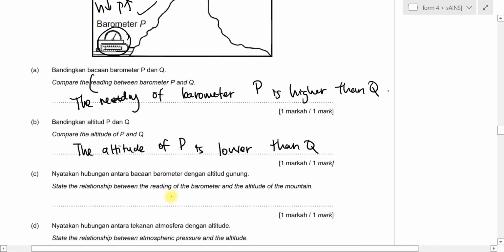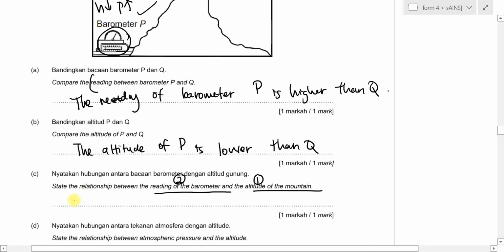State the relationship between the reading of the barometer and the altitude. Careful, you don't see this one first, so you want to tell the reading of barometer first. Must see first which one is manipulated. We control the altitude and the result is the reading. So your manipulated variable is altitude, your responding variable is reading. So explain your altitude first. Don't get tricked by the question.